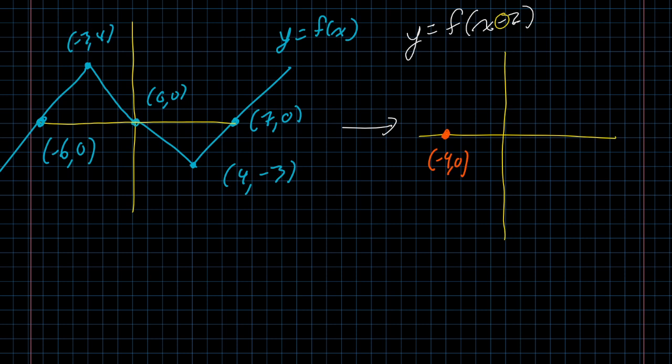The second point was at negative 3, 4. It's going to move over 2 places and suddenly be at negative 1, 4 instead.